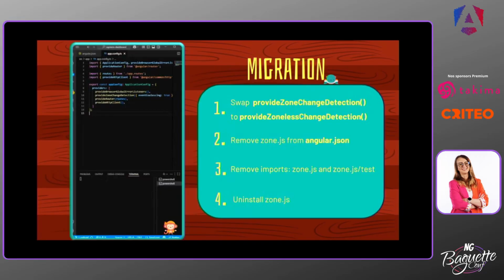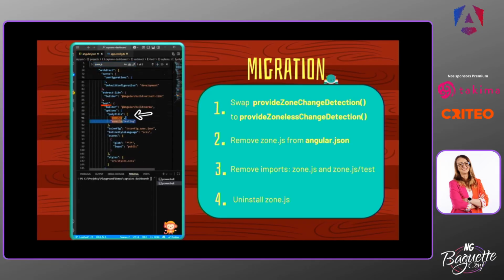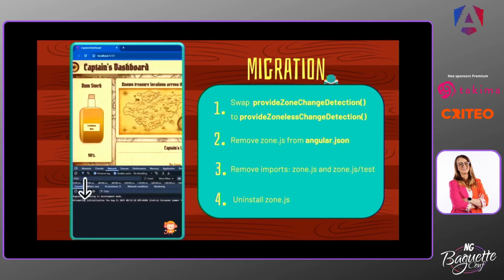But a lot of you are stuck in an old application, so you want to migrate it. And more or less it's pretty straightforward. You go to the app.config.ts file and swap provideZoneChangeDetection to provideZonelessChangeDetection. Next, we have to go to angular.json, remove zone.js from there, remove all imports connected with zone.js, and just uninstall it.